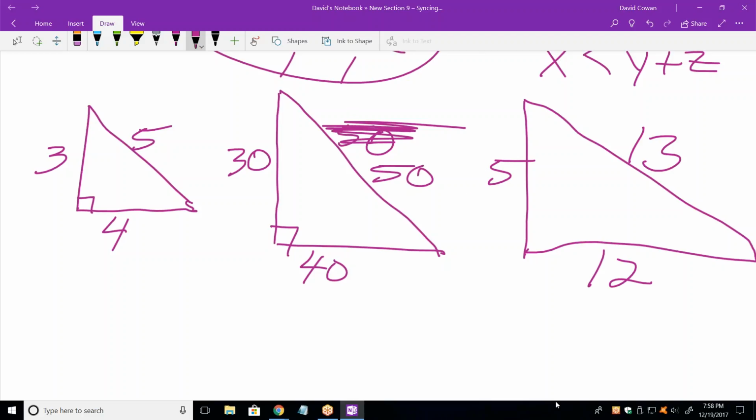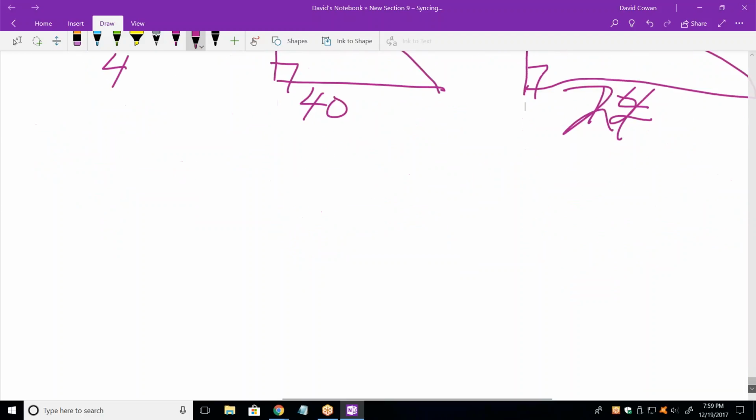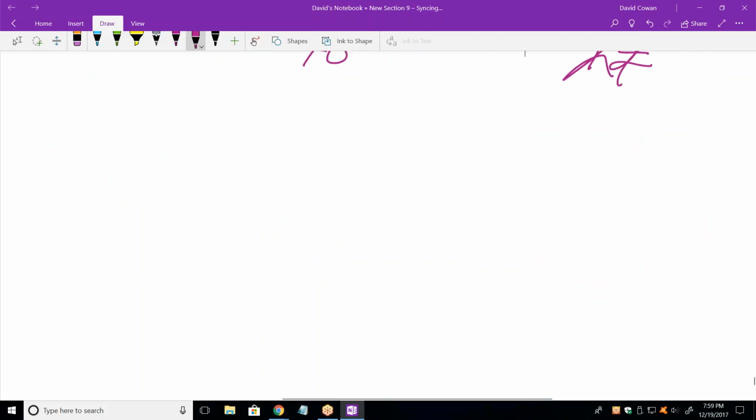In other words, it could be 10, 24, 26. That is one of those triangles also. But the two really most important triangles are not the 3, 4, 5, even though you'll run into that 100 times over the next 3 years. The two most important triangles are your 30, 60 and your 45, 45.